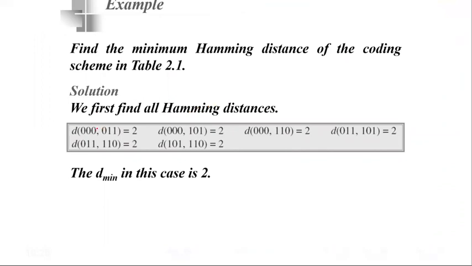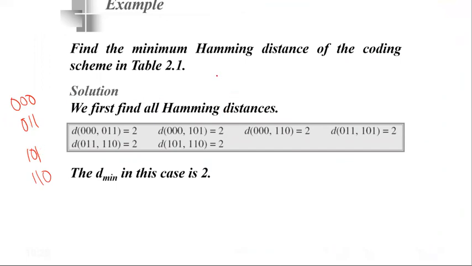First we need to find the distance between 0, 0, 0 and 0, 1, 1. Let me write the 4 code words that we have in that table. First we have 0, 0, 0, then 0, 1, 1, then 1, 0, 1, and 1, 1, 0. For finding the minimum distance, we need to find the distance between each pair and then select the minimum.